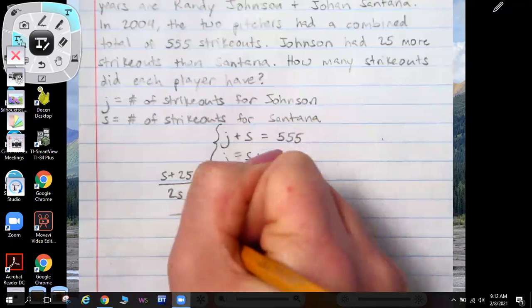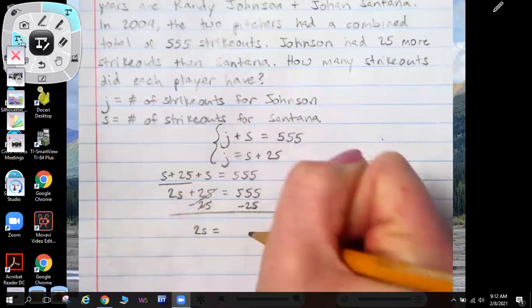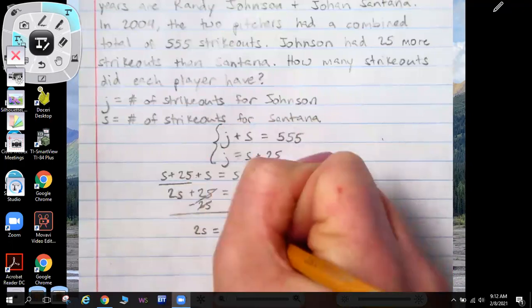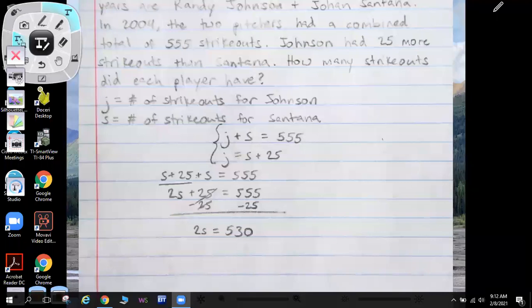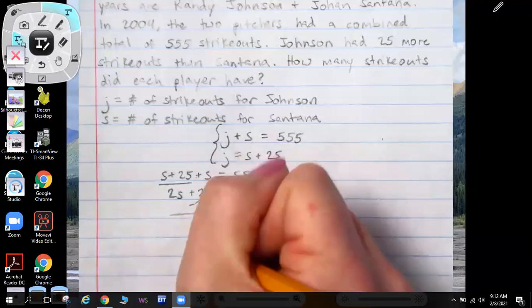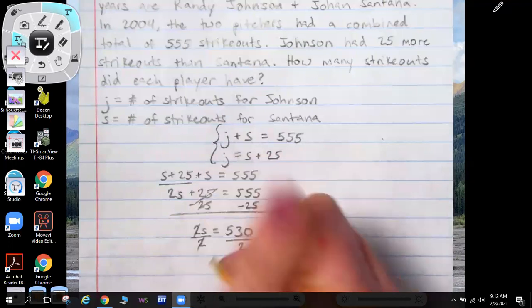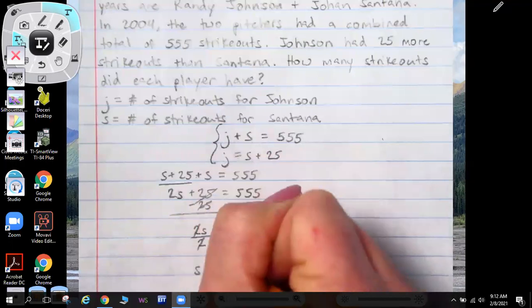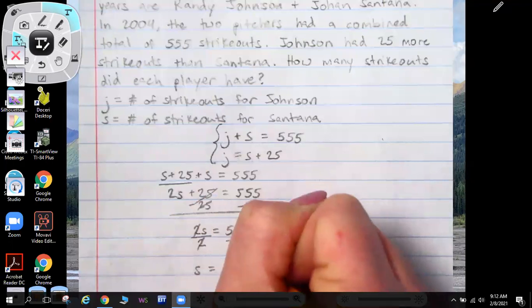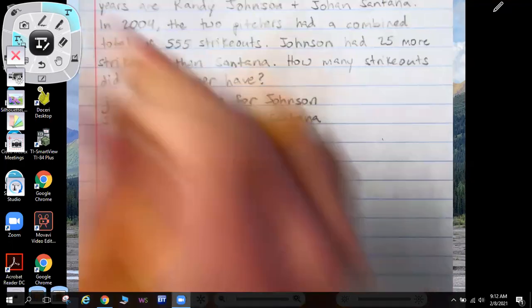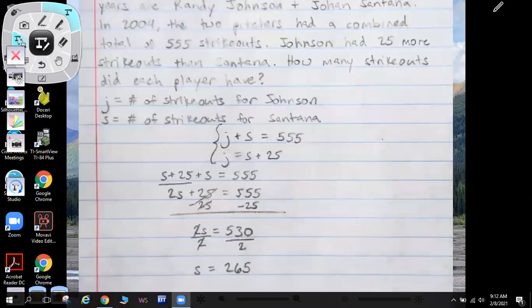We get 2S equals 530. Divide both sides by 2. S equals 265, is that right? 530 divided by 2, yep, 265.